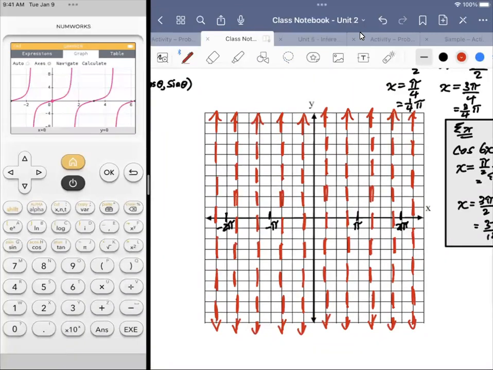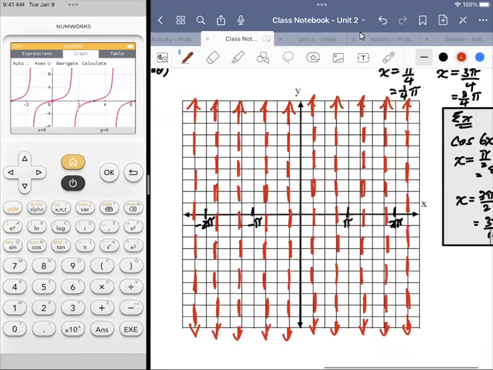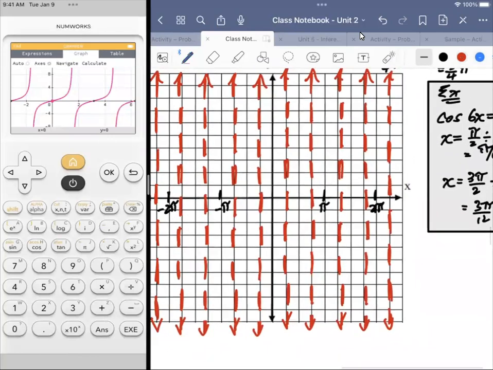All right, so we'll start off at the origin and work our way out. So I'm going to have a point here, and the graph is going to approach the vertical asymptote on the left as it goes downward, and it's going to approach it to the right as it goes upwards.